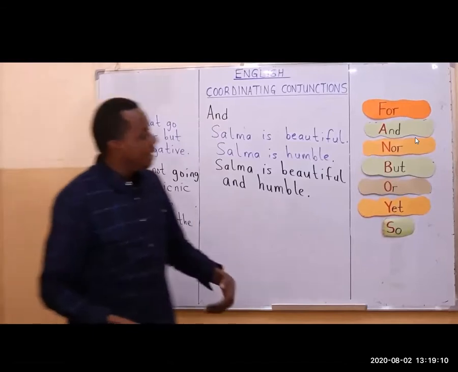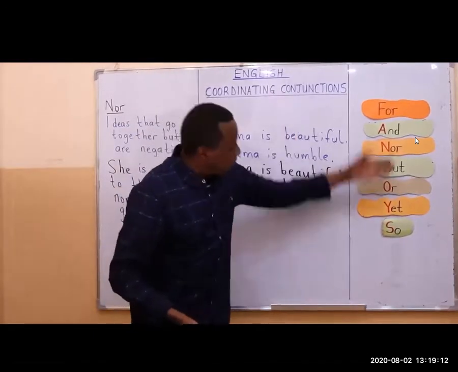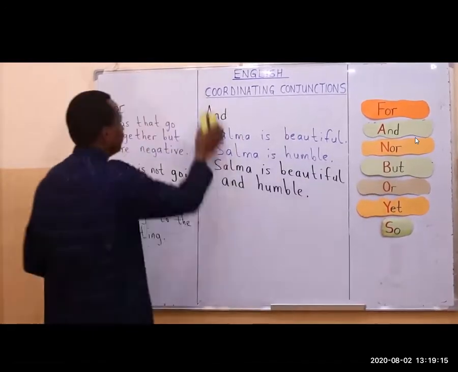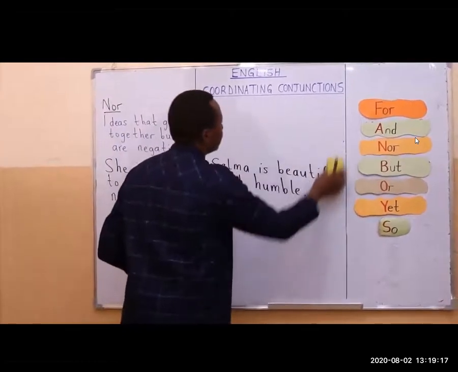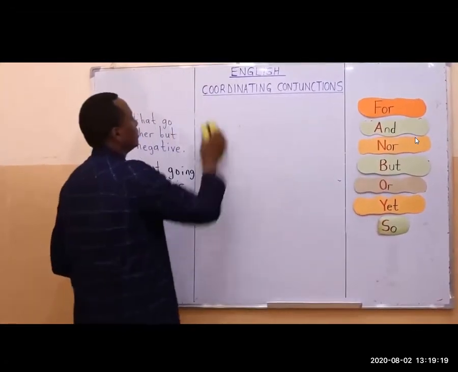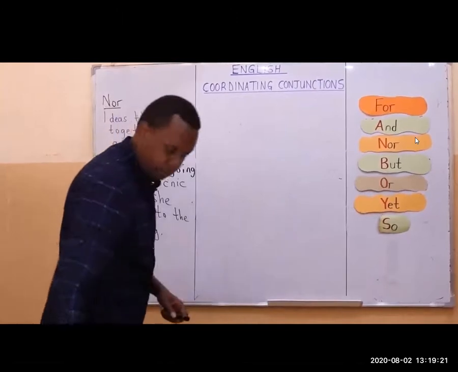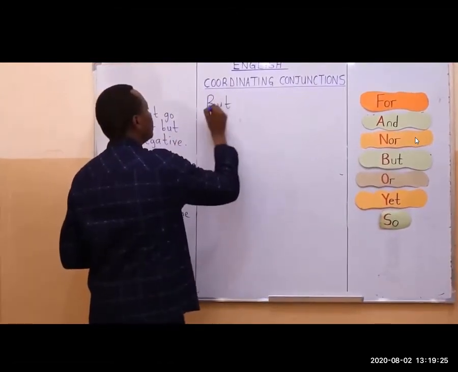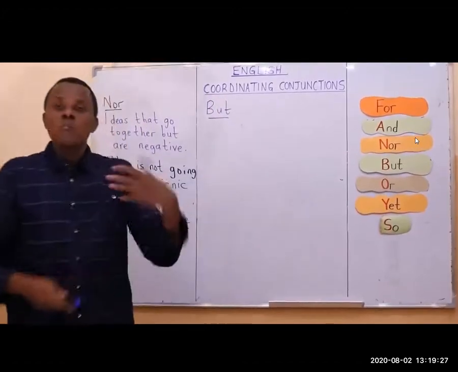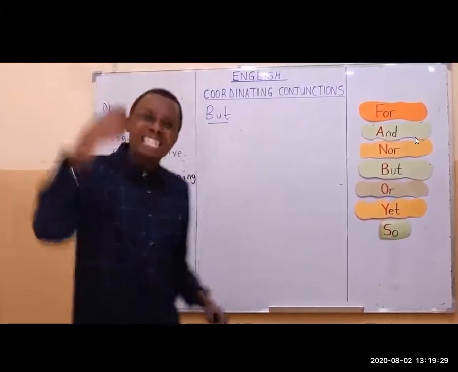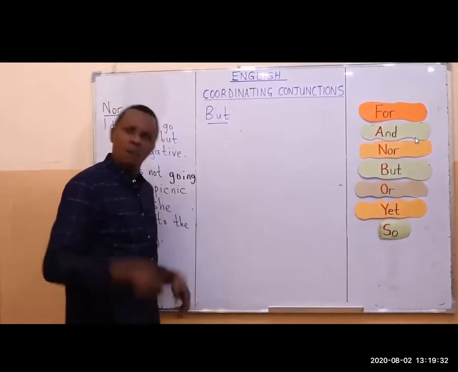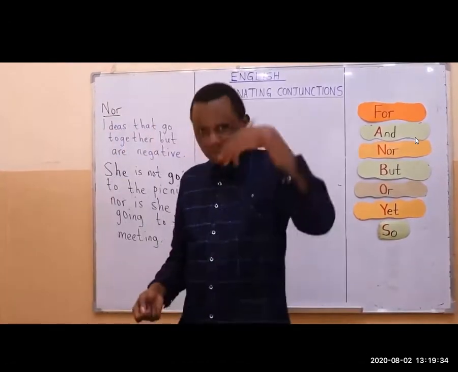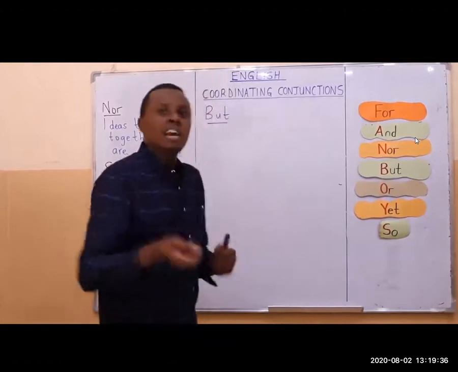Now, when I come to the use of but, when I talk about but, then I need to show contrast. I want to show contrast. And that's the use of but. For instance, I have Khalid.